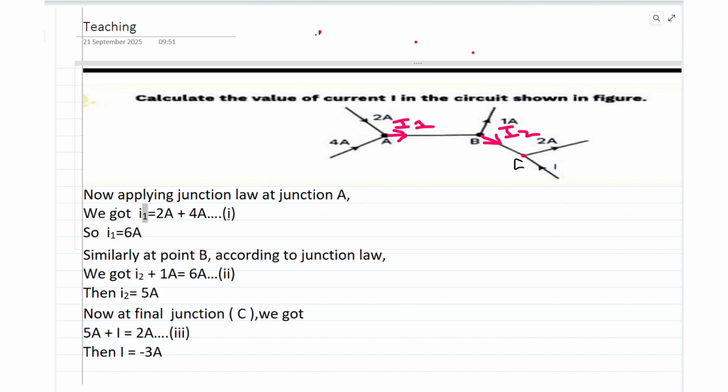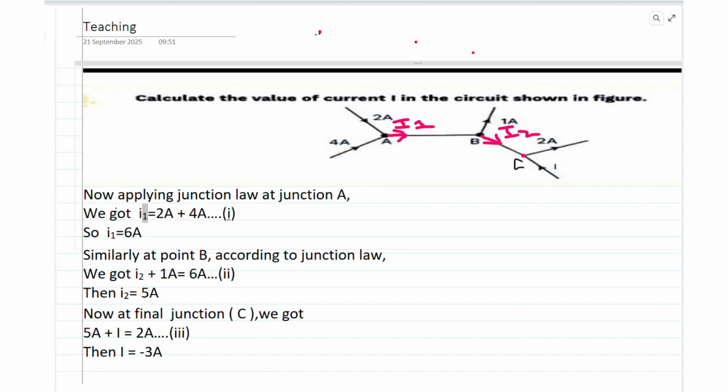With this, we can now find I. Let's name a particular junction C where currents I2 and I1 are heading to and 2 ampere is leaving. At junction C, we can write the equation 5 ampere plus I equals 2 ampere. So we get I equal to minus 3 ampere.